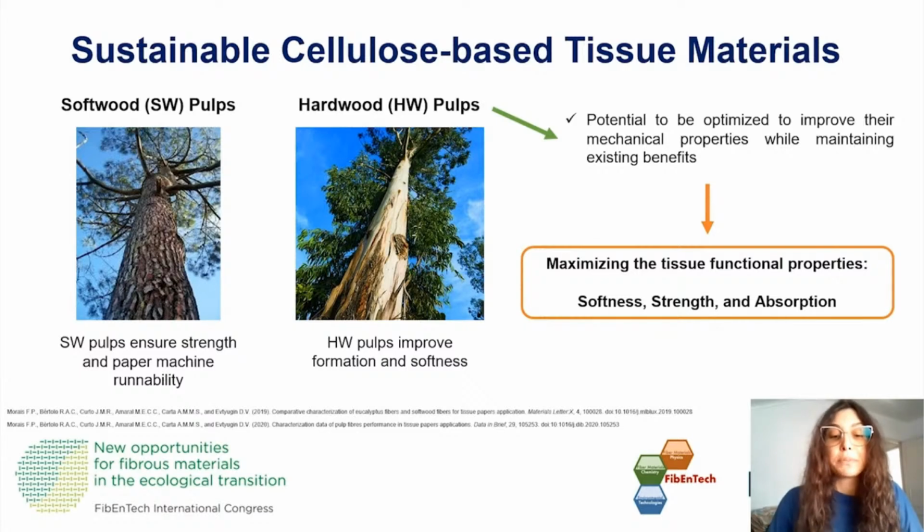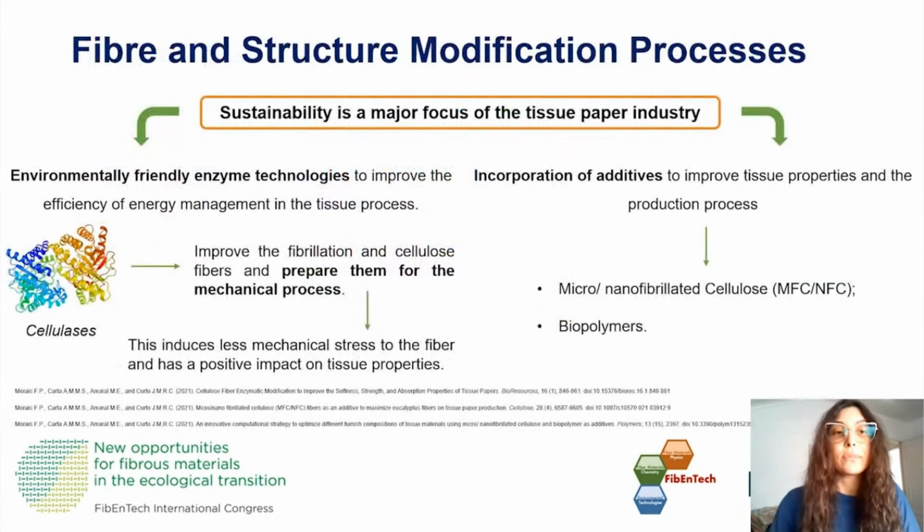Therefore, hardwood pulps present the potential to be optimized to improve their mechanical properties while maintaining existing benefits. This is important to maximize the tissue functional properties such as softness, strength, and absorption. This is achieved using the fiber and structure modification process.